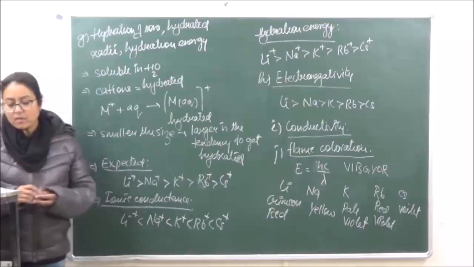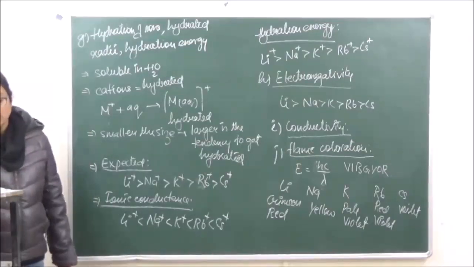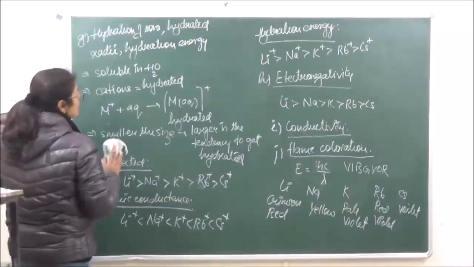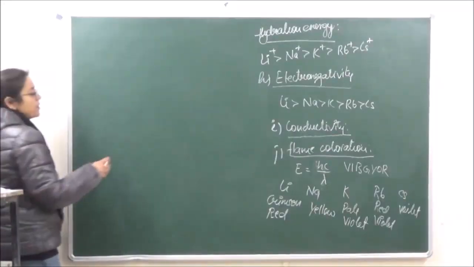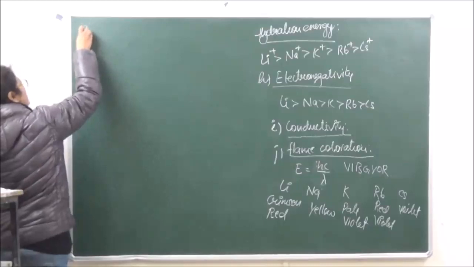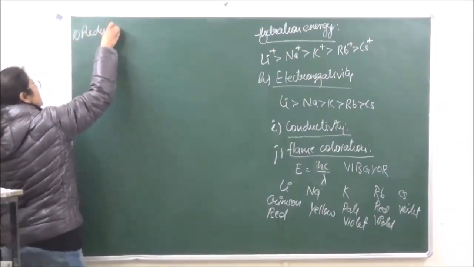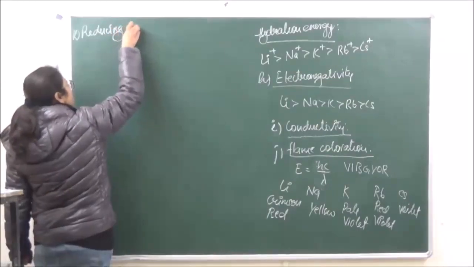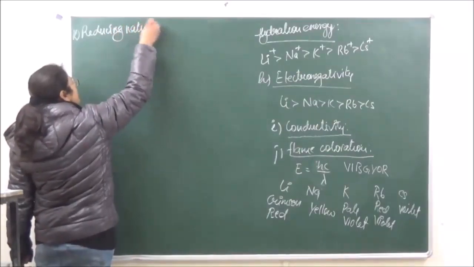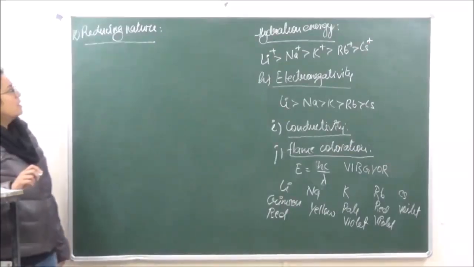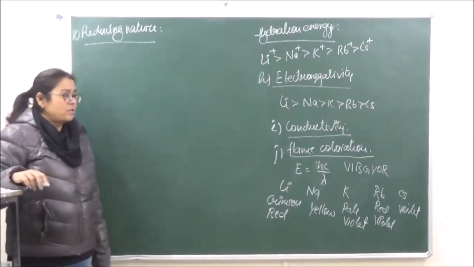Then after that we come to the reducing nature, the last property which we are going to discuss. This is a very, very important property of alkali metals. Now all of them are going to be highly reactive.